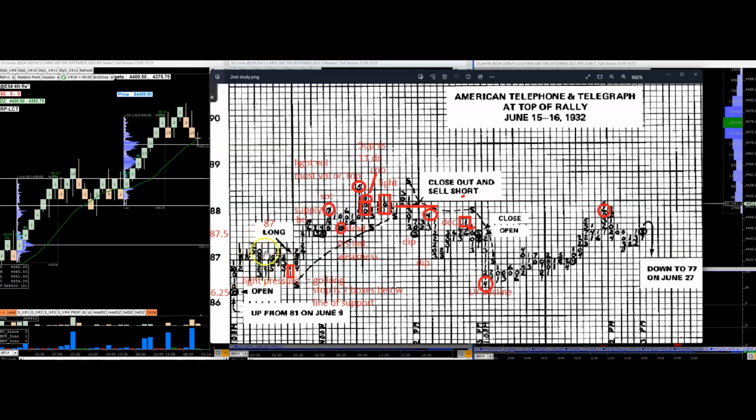So support, resistance, support, resistance. But what you will know is from the open to the high, you made progress, and then you pulled back, and then retesting the pullback. So there's a line over here.